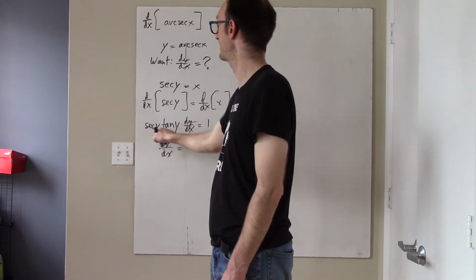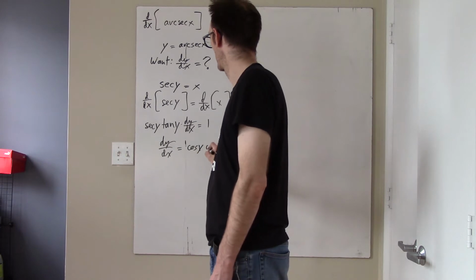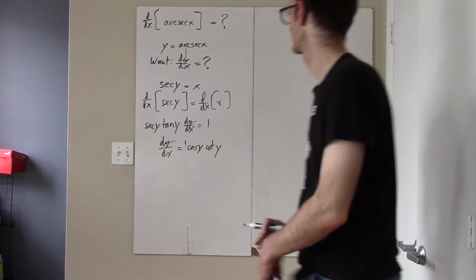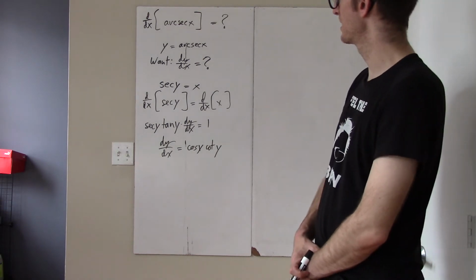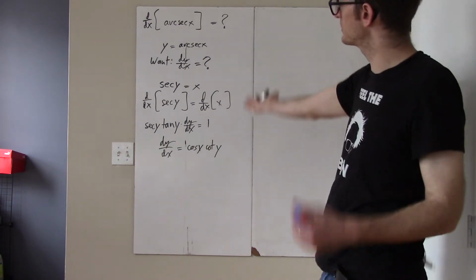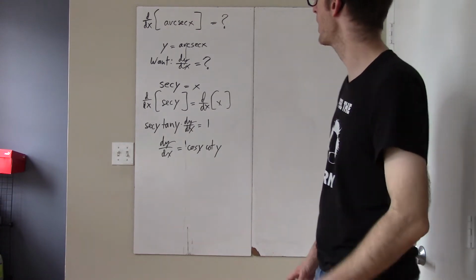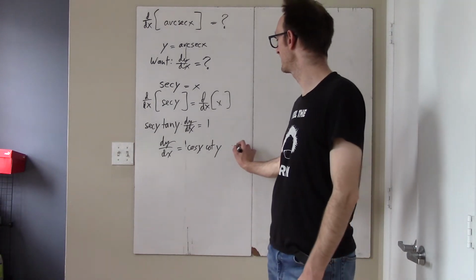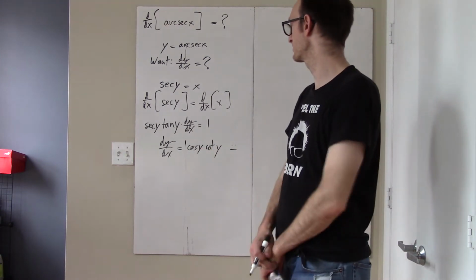And now I'll multiply by, I guess, like cosine, cotan. If I did that right, yeah. Okay, so great. This is all there is to it. This is not, however, what I want, because I don't want this in terms of y, I want this in terms of x.